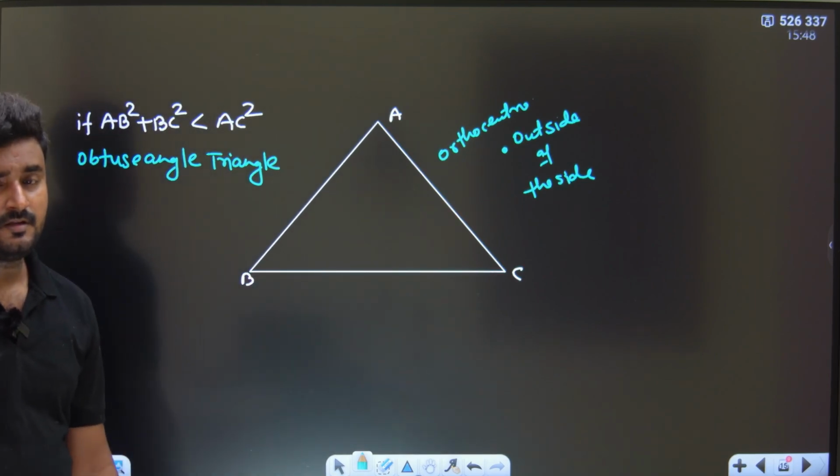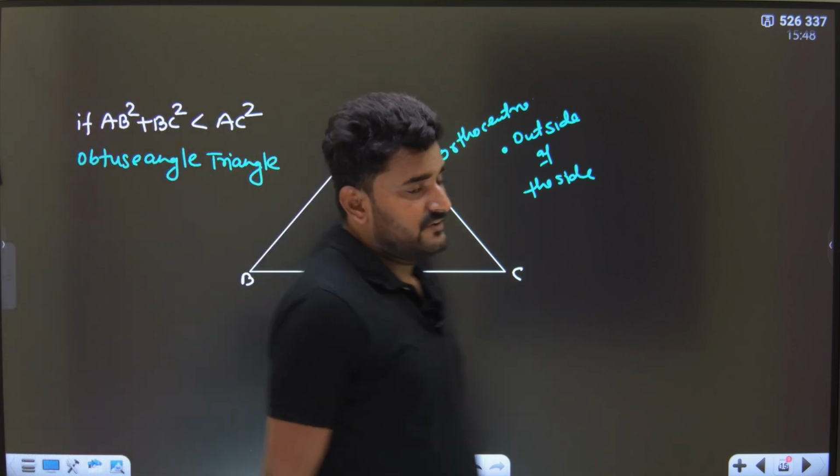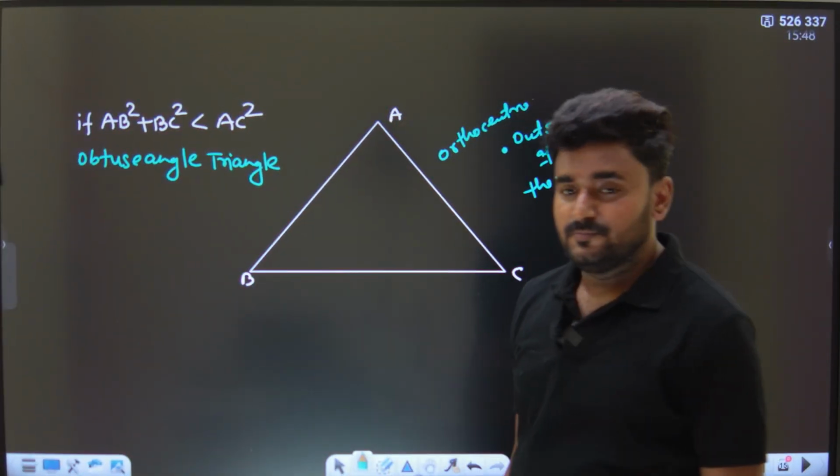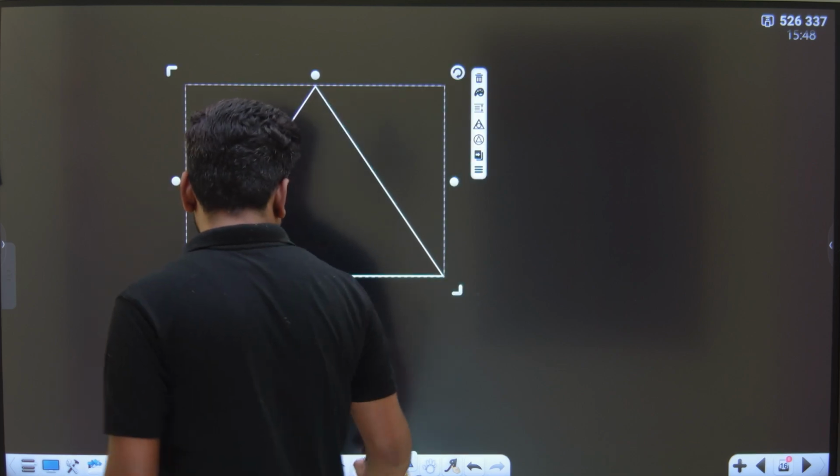Suppose the vertices of the triangle are given as (0, 0), (x1, y1) and (x2, y2).